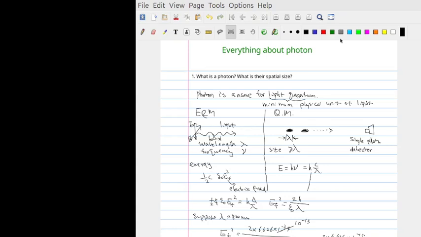In quantum mechanics, we quantize objects in different formats. So the name given to the light quantum is called the photon. I make comparisons between classical E&M, which is over here, versus the quantum mechanical behavior of the photon.